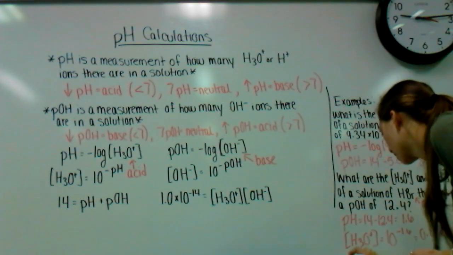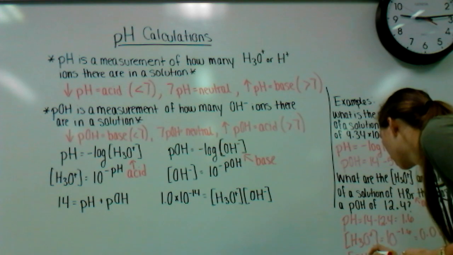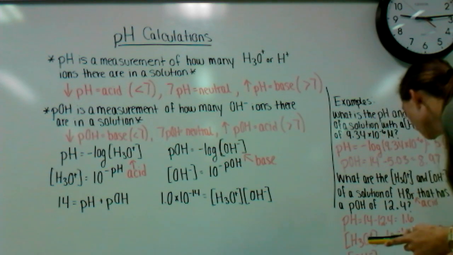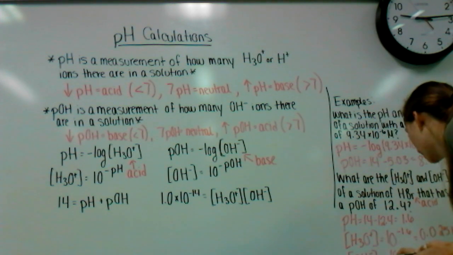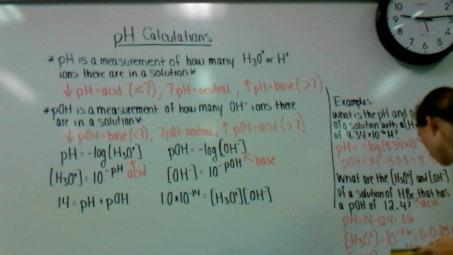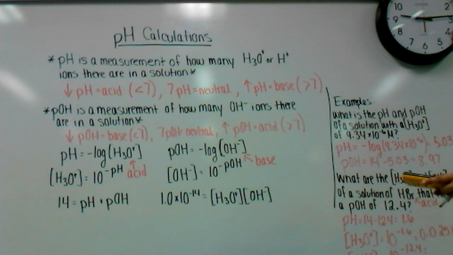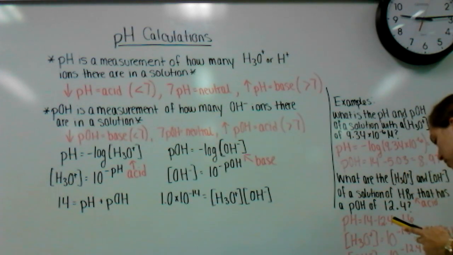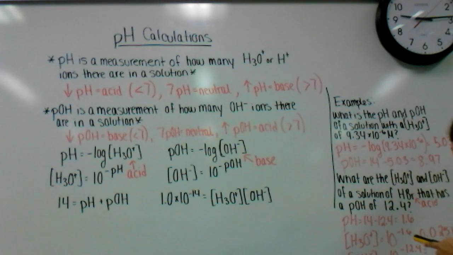And then for hydroxide, we're going to do 10 to the negative 12.4. That's going to give us 3.98 times 10 to the negative 13th molar.